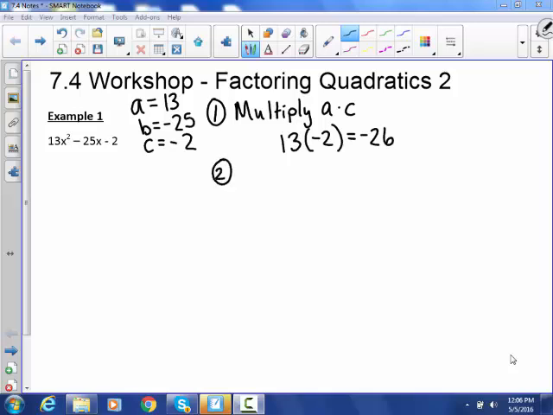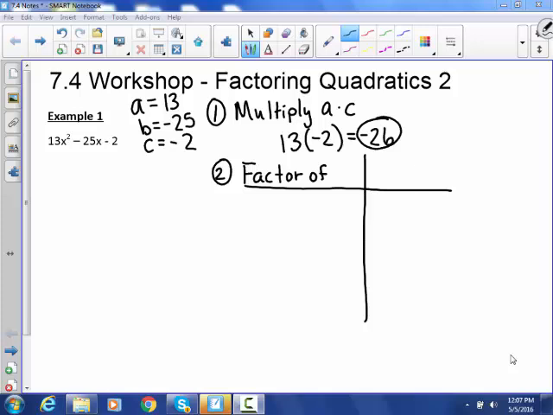The second step is to factor just like we did the other day. The other day we did factors of the C. We're not going to do factors of the C. We're going to do factors of what we just found when we multiplied. So that's kind of our new C now.